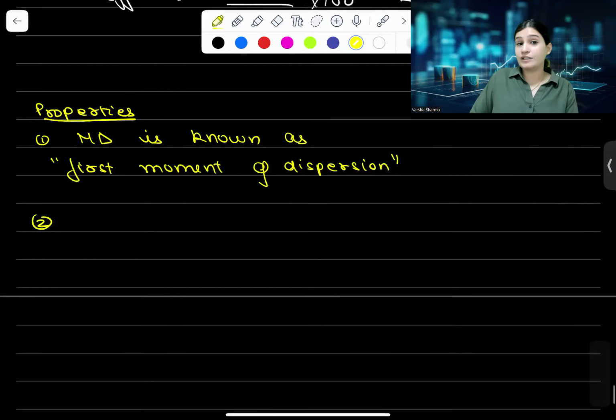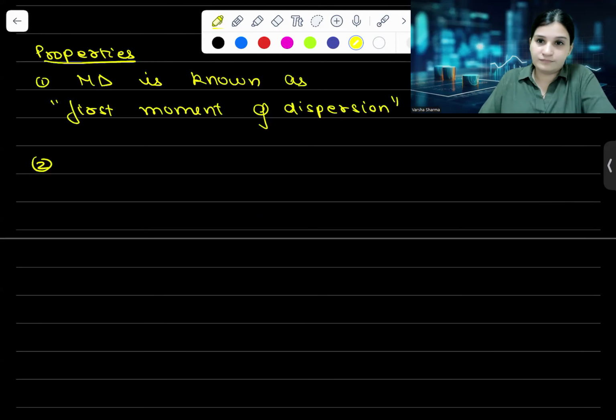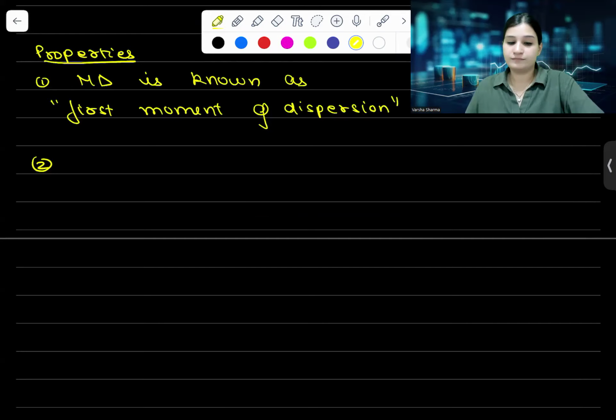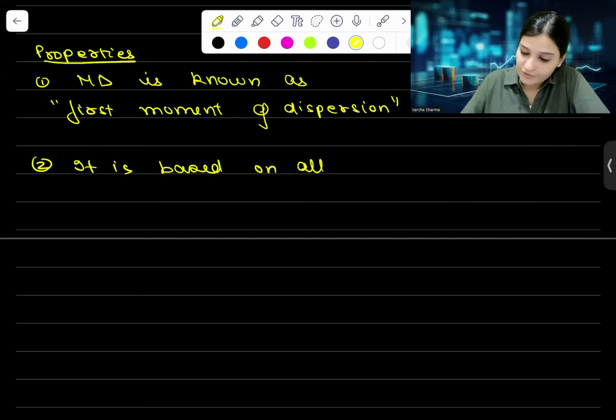Second, is it based on all observations? Yes, we use everyone. So it is based on all observations.